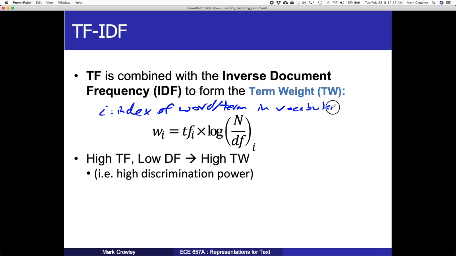So it's literally the word bat or ball or cat or dog. And then we'll talk about its document frequency, its frequency across all the documents.